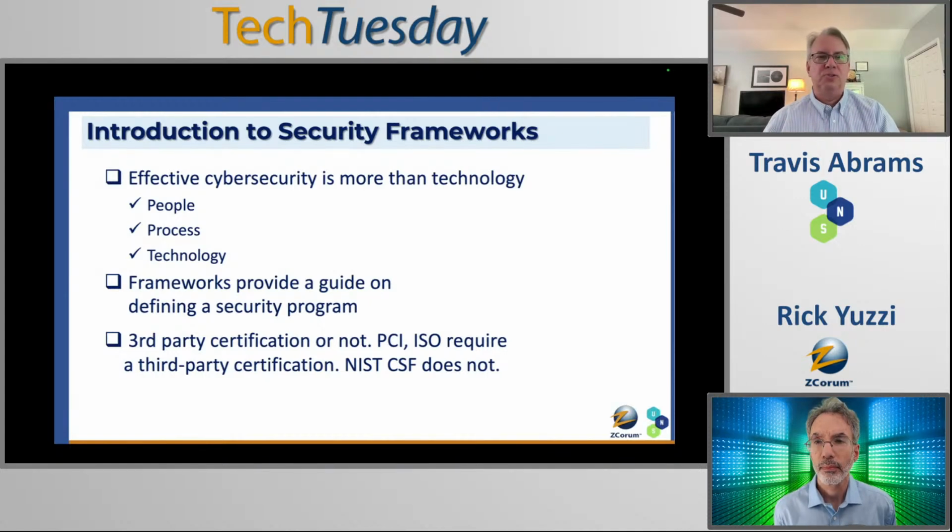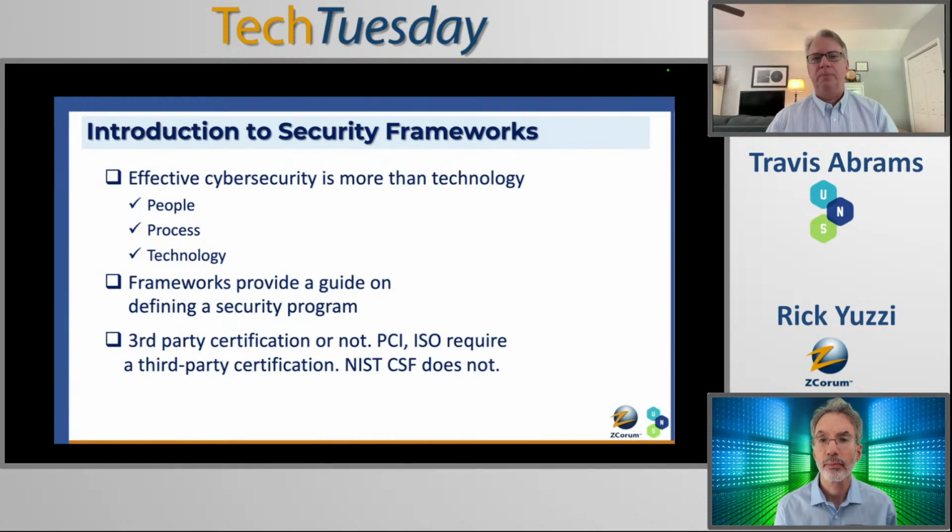This is going to be easy to show executives, partners, and other people how you're maturing over time in your journey with a security program. Also, some frameworks do require third-party certification. Many of you have probably heard of PCI for credit cards, which has a lot of specific requirements around third-party audits and certifications, or HIPAA for healthcare.